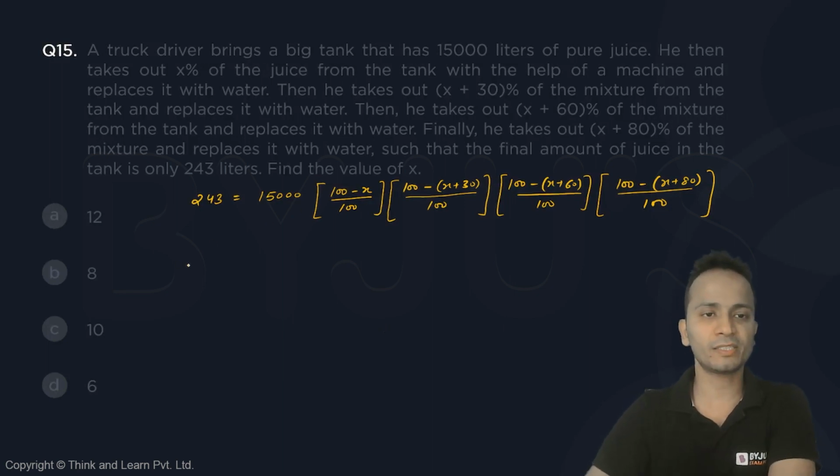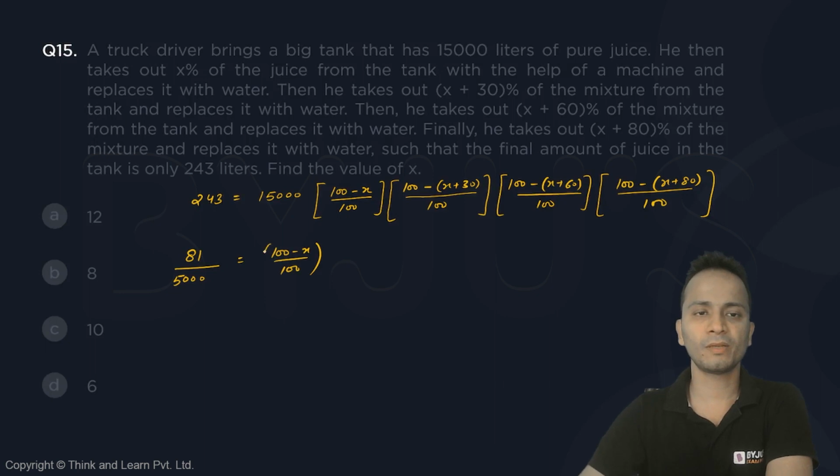So let's write this once again, simplified form. So 243, 15,000, I can cancel out 3. So 81 upon 5,000, let's write it now, 5,000 is equal to 100 minus x upon 100. Then here it is 70 minus x upon 100.